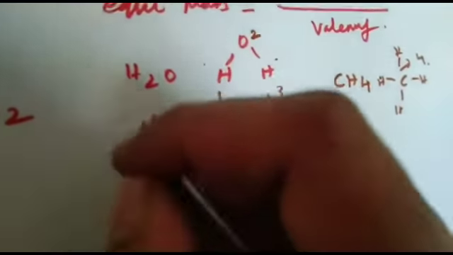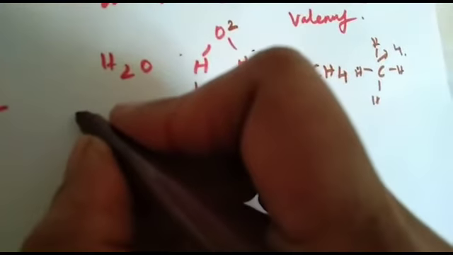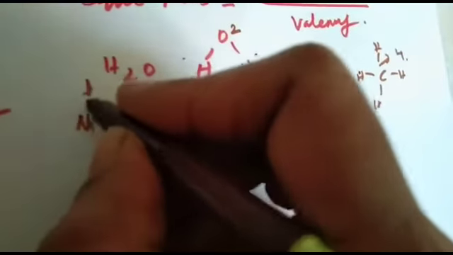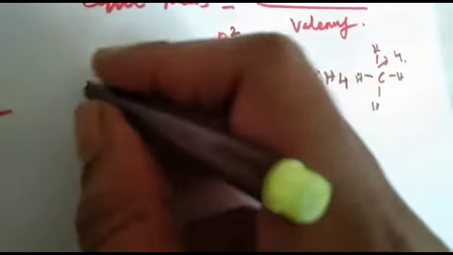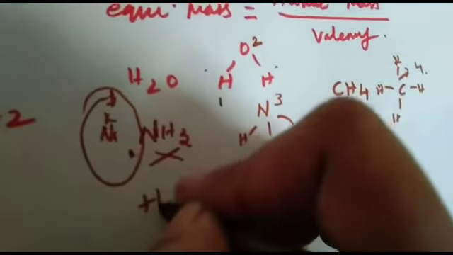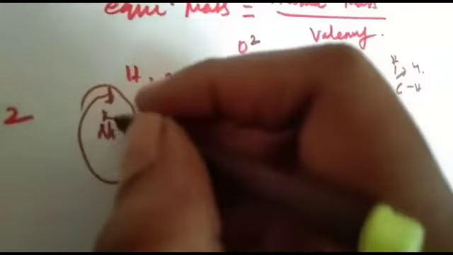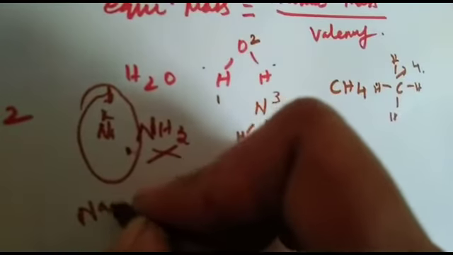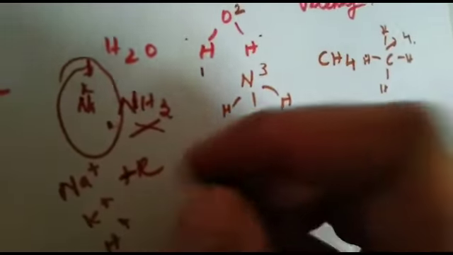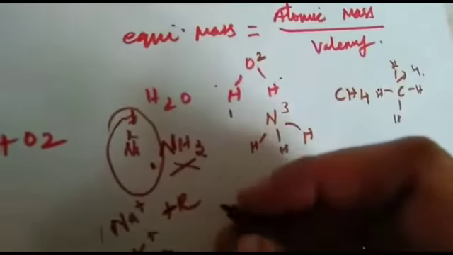In the periodic table, sodium, hydrogen, potassium, these alkali group elements always have valency number 1. This group loses 1 electron, so Na+, K+, H+ form cations.